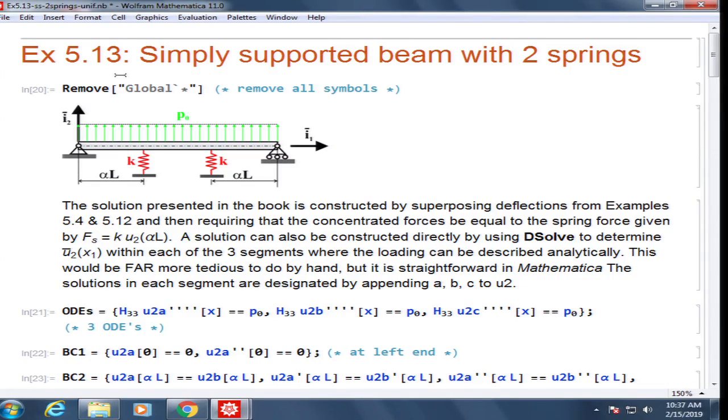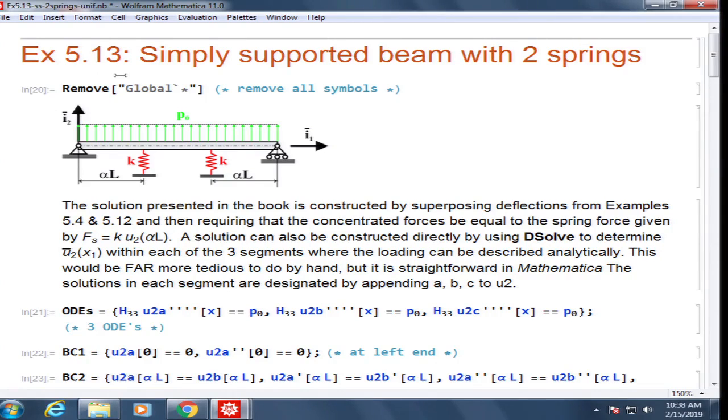So now I have a problem with two springs and a distributed load. For simplicity, the spring constants, both of them are the same, and this is at alpha L, and this is also at alpha L. The total length of the beam is L.